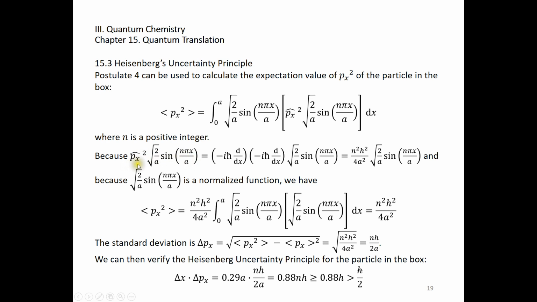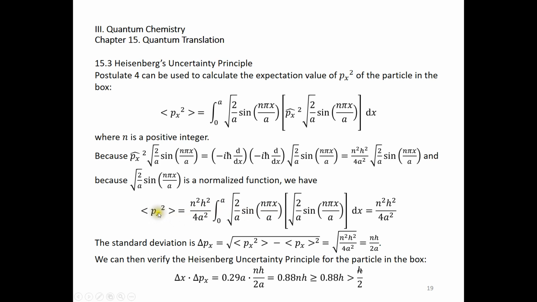We apply px squared to the wave function, which is just the momentum operator applied to the wave function 2 times, and then we get this. Because this is a normalized function, we can simply evaluate this integral to get the average of px squared. This is actually non-trivial, but I think we learned this.